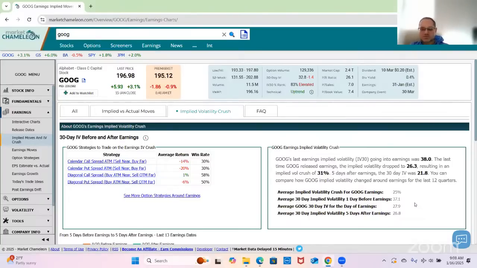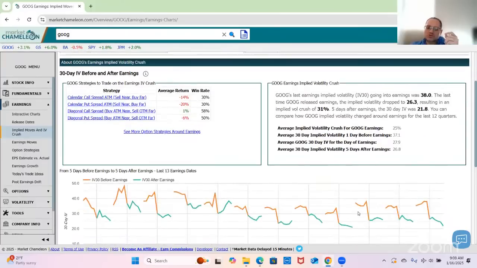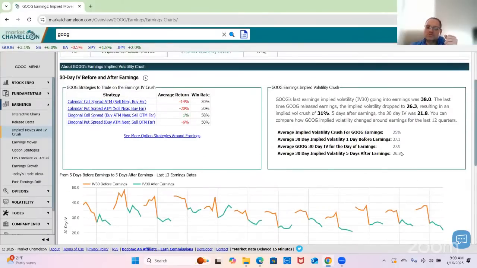Of course, sometimes it would be higher, sometimes lower. These are the averages. If we wanted to look at the historical data closer, we could scroll down this table. And one more thing here, I forgot to mention, how does the 30-day IV look 5 days later?